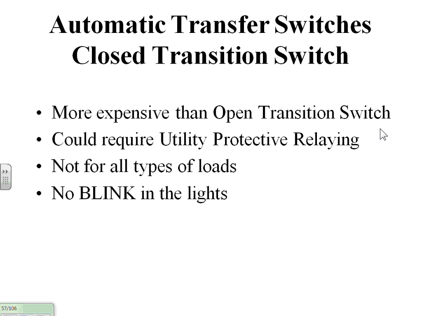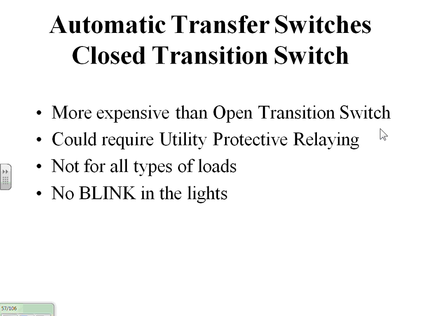All right, that was open transition. Now there's such a thing called a closed transition. And these kind of escalate too, from simple design, more complex design, dollars follow proportionally. So this is a more expensive design than the open transition.